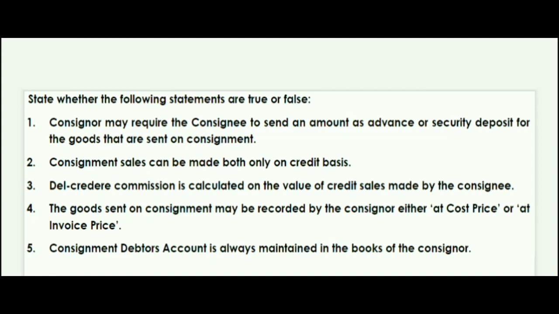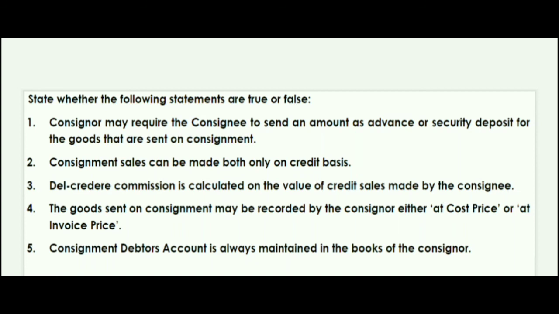Next is del creditor commission is calculated on the value of credit sales made by the consignee. That's false. Next is the goods sent on consignment may be recorded by the consignor either at cost price or at the invoice price. That's true. It should be recorded at the cost price or the invoice price.